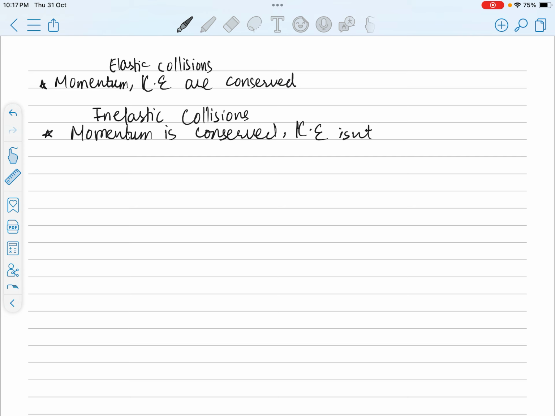Okay, so we will take the same situation. This ball has a velocity u1 and this ball has a velocity u2. Now the arrow u1 is greater because the velocity u1 is greater than u2, because if this velocity is greater then the object can collide.